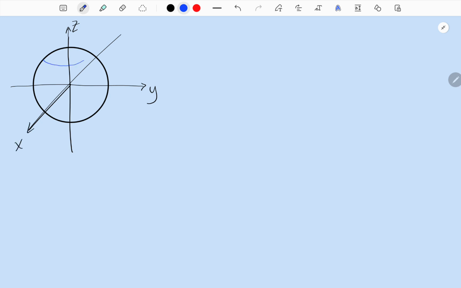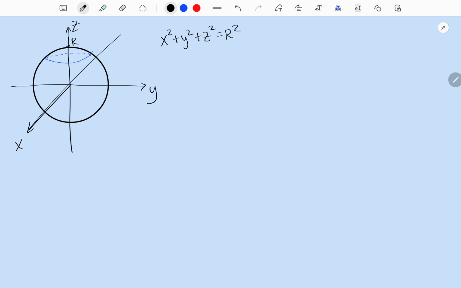Again, I'll have my little cap right over here. I'm trying to draw this a bit better. Okay, I'll just do it like this. Okay, and then this cap would have, so a sphere with radius r. So this is x squared plus y squared plus z squared is equal to r squared.